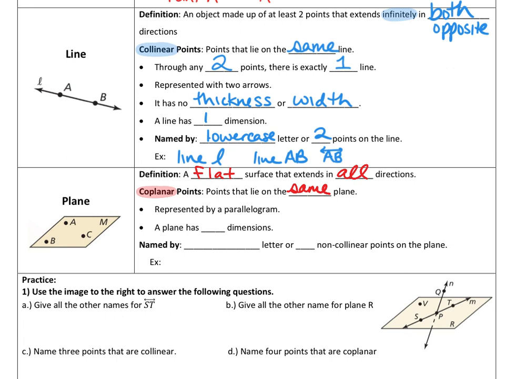When we draw this on a flat 2D piece of paper, we are representing it by a parallelogram, like you see next to the word plane, because it has 2 dimensions. It's going to have 2 dimensions, kind of like a surface. It is named again by capital letters or 3 non-collinear points on the plane. Now, one thing I need to make a note of, when we talk about the capital letter, it cannot be a point.